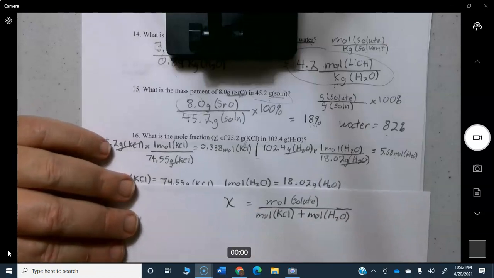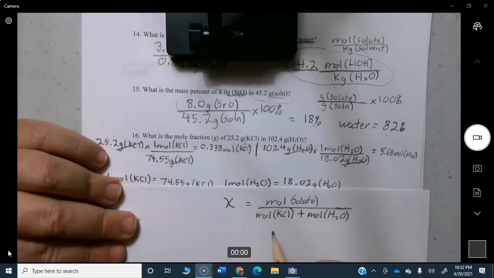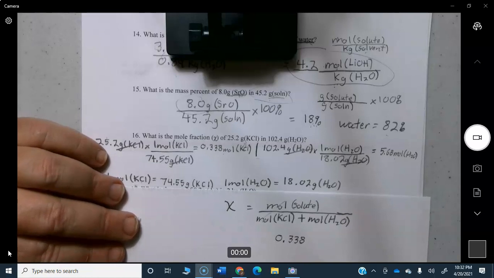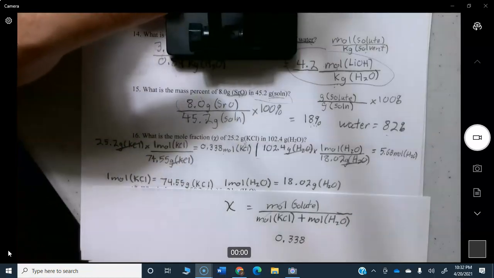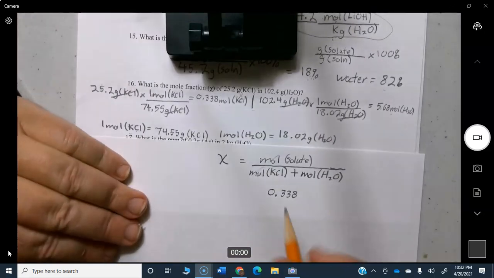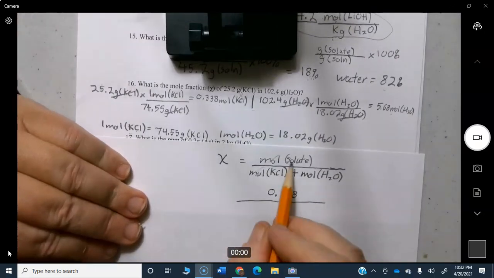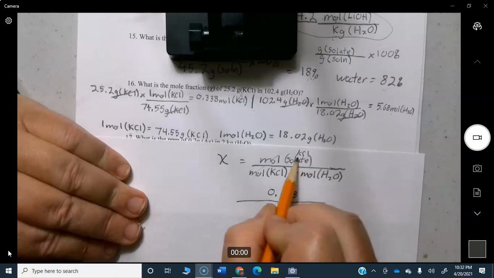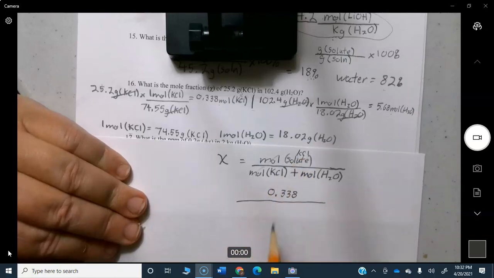So I'll go down. So for KCl, it's going to be 0.338. And I'm going to tell you, all these moles are going to cancel out, so I'm not even going to write the units here. They're all moles. So 0.338 over moles of solute, which is KCl. I should have written that there. Moles of KCl over moles of KCl plus moles of H2O.